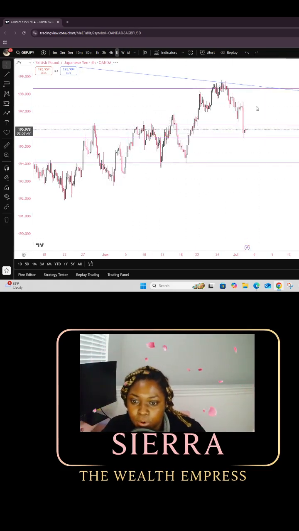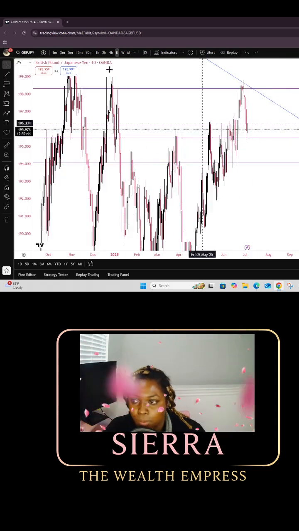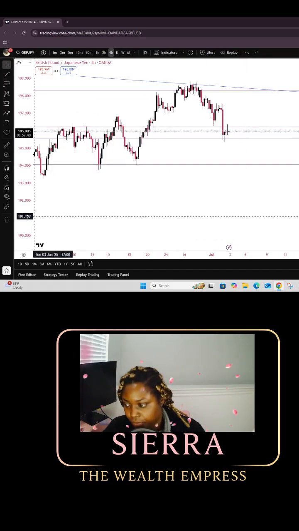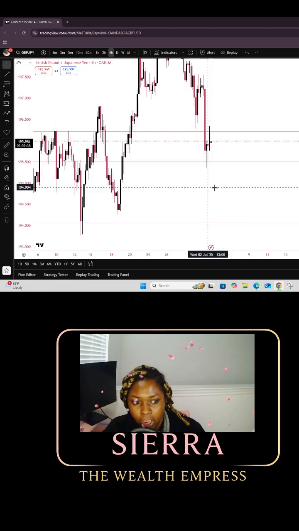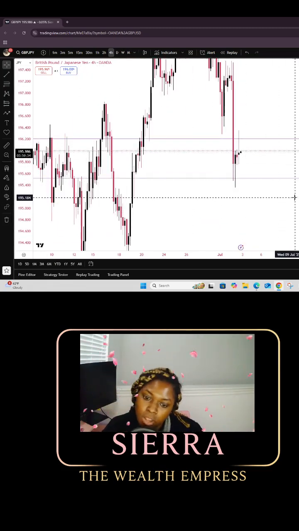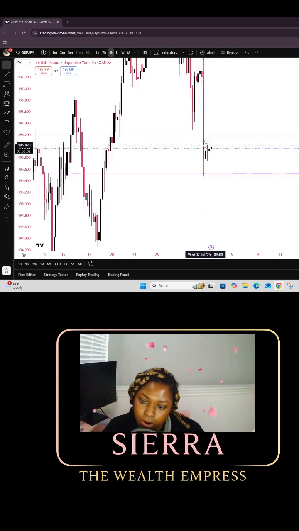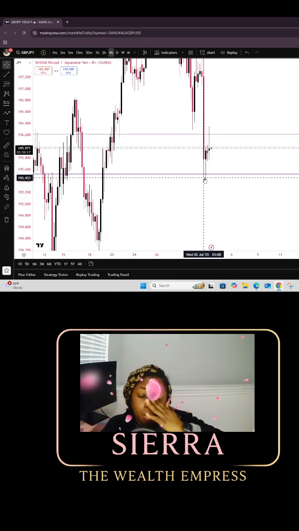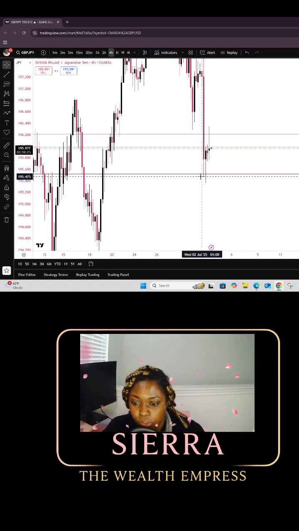So remember, we got this zone right here from our daily. And I'm looking here on my 4-hour, and this was one of our candlestick patterns, a pin bar. Although we didn't talk about it today, we just talked about the engulfing, but you can go back and find the video with the pin bar.